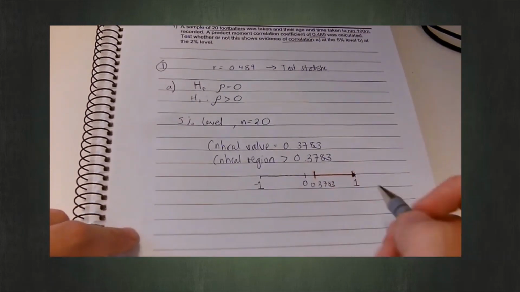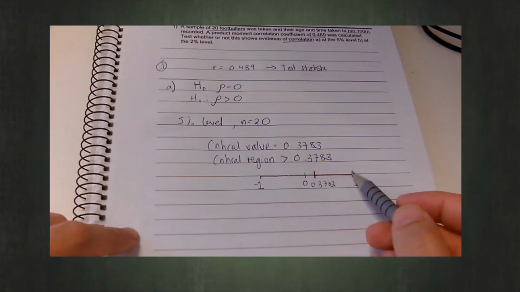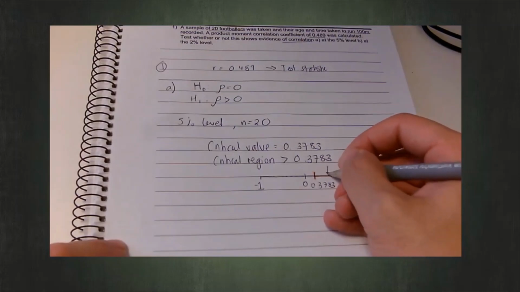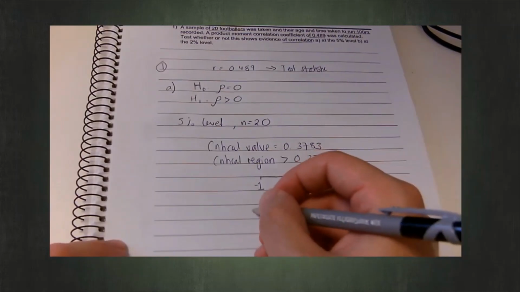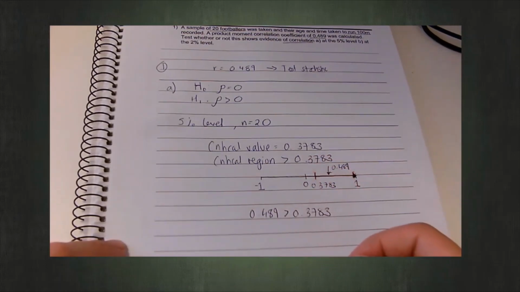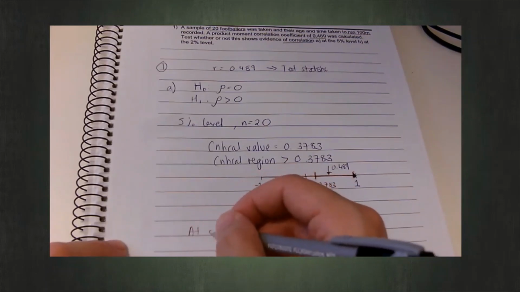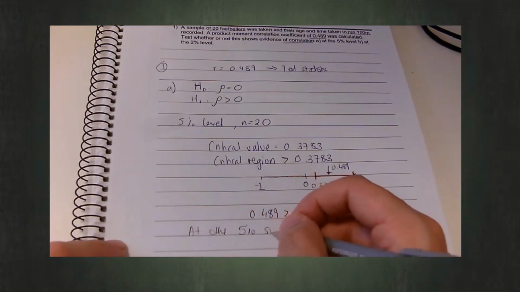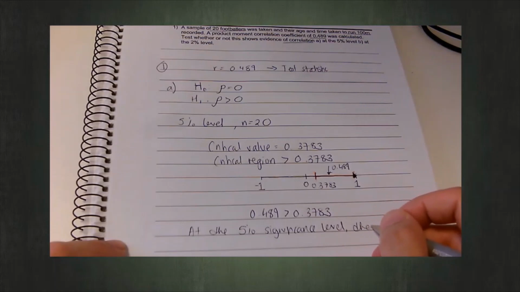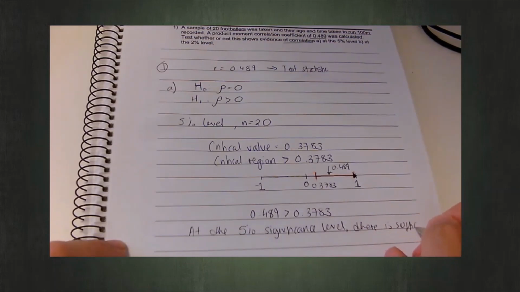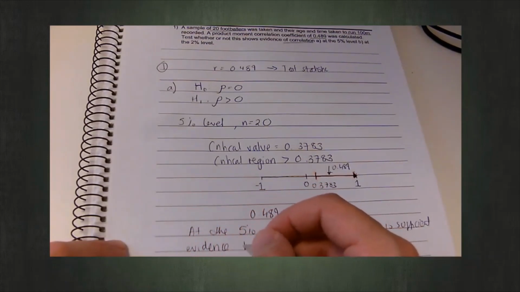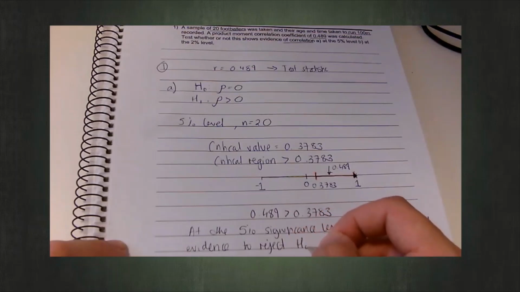So with 0.3783, the critical region is everything to the right of it, and our test statistic is 0.489. So 0.489 is greater than 0.3783. Therefore, at the 5% significance level, there is sufficient evidence to reject the null hypothesis.